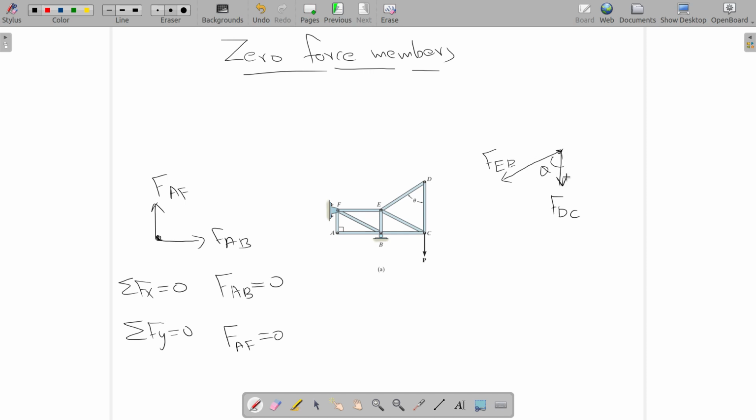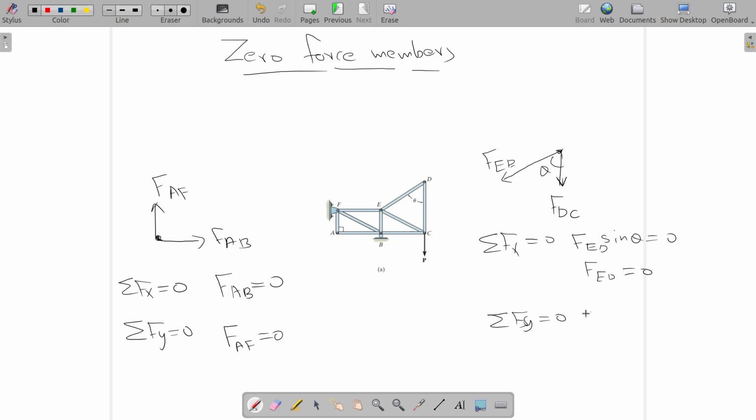okay, let's solve the system, right? Sigma Fx, net force in x direction should be 0. So FED sine theta should be 0, which means FED is 0. Sigma Fy, net force in y direction is 0.